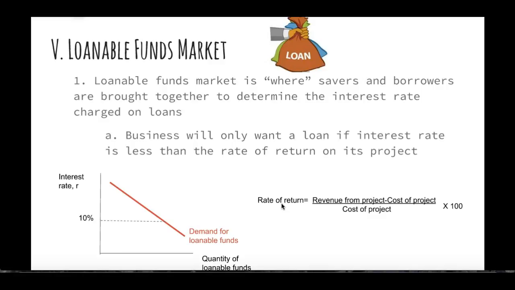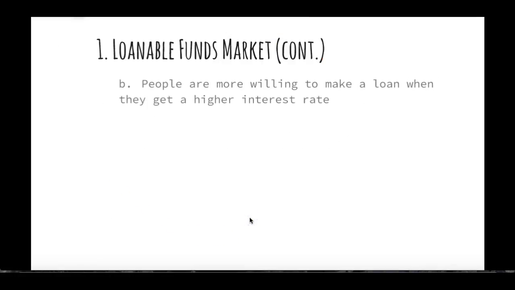So as a result, the demand curve is downward sloping, and it's particularly looking at what my rate of return is, what my projected profit is on the project that I'm trying to get a loan for. Now, people are also more willing to make a loan when they get a higher interest rate.